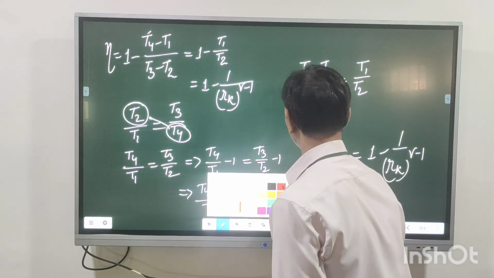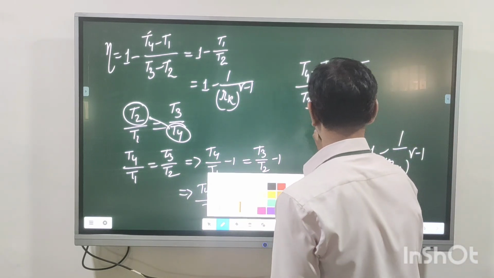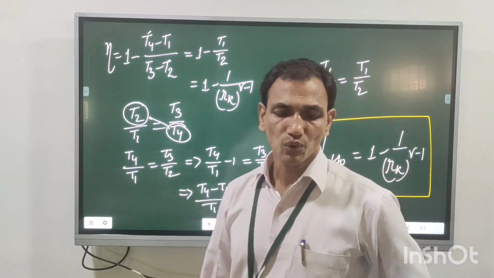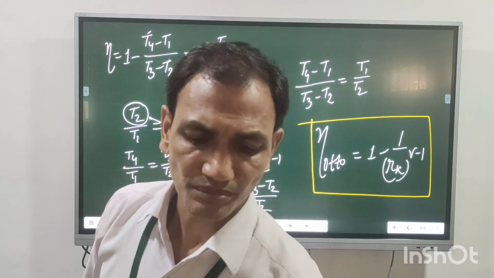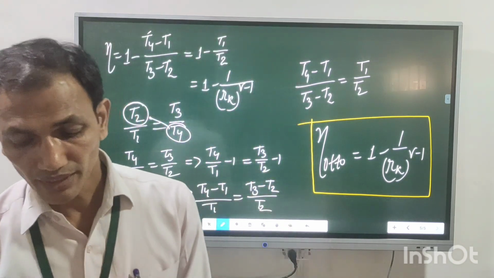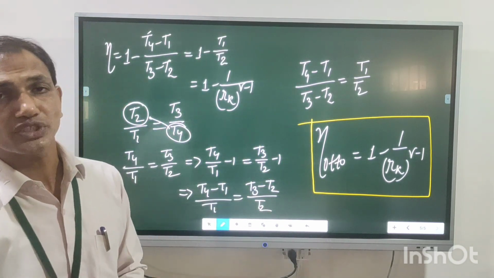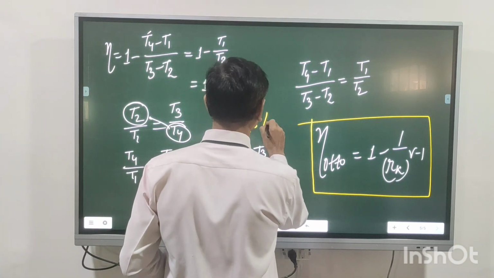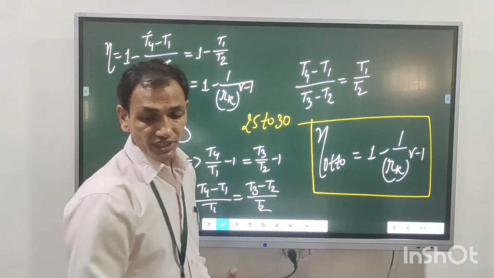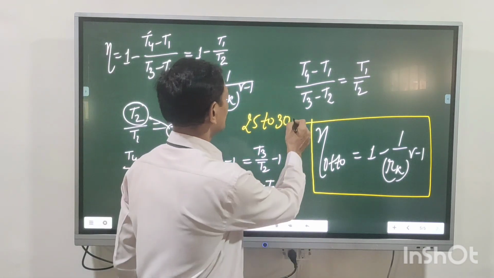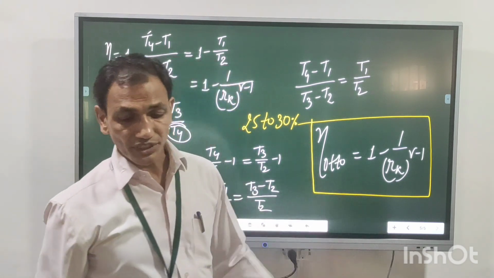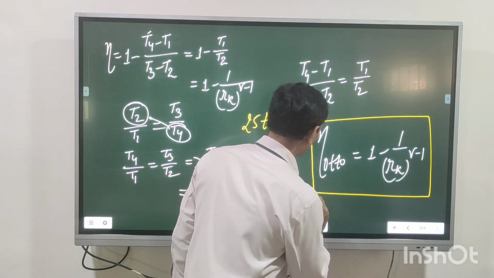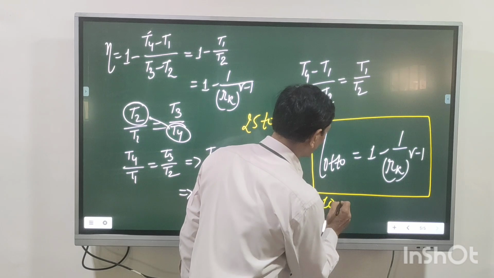This is the efficiency of the Otto cycle, and the efficiency of the Otto cycle ranges from 25 to 30%, and the compression ratio ranges from 4 to 10.